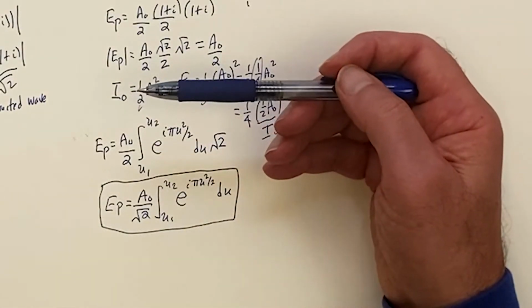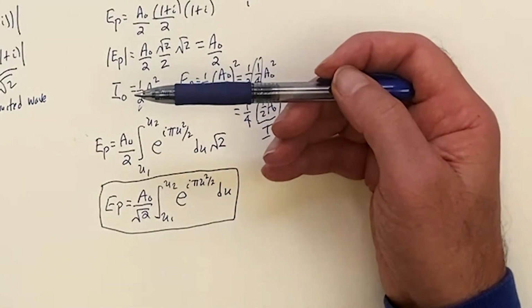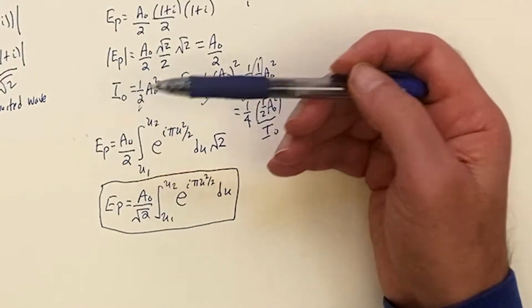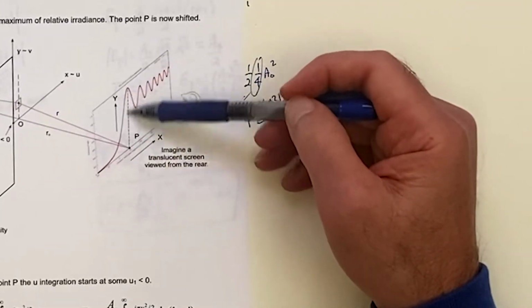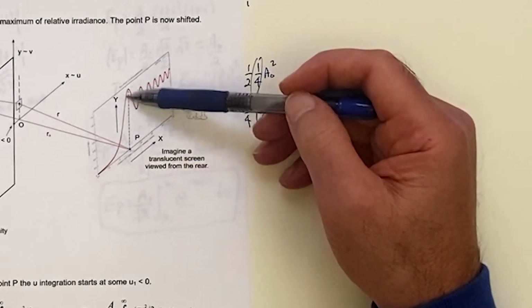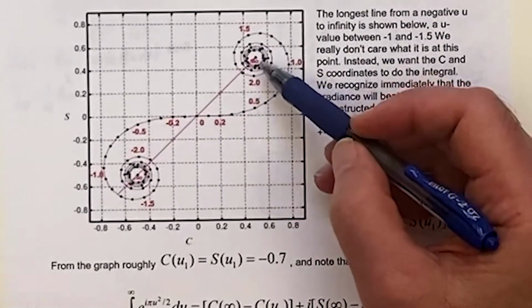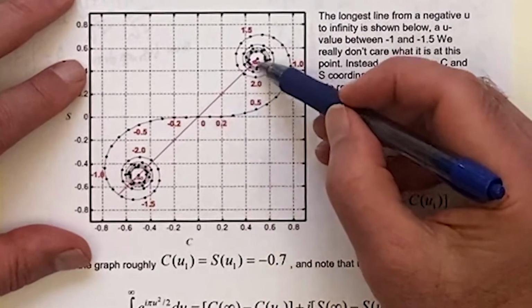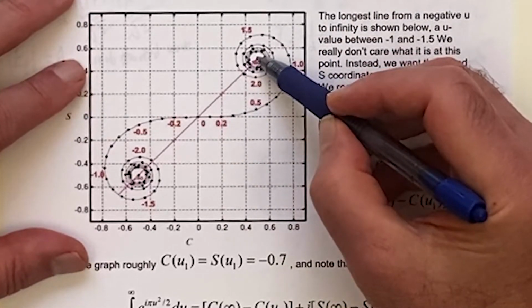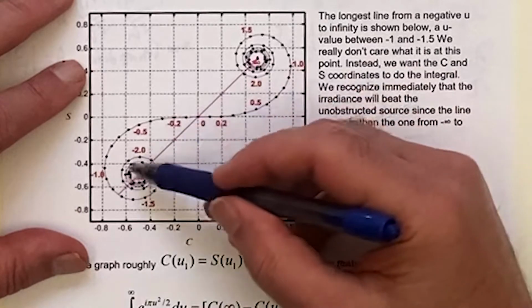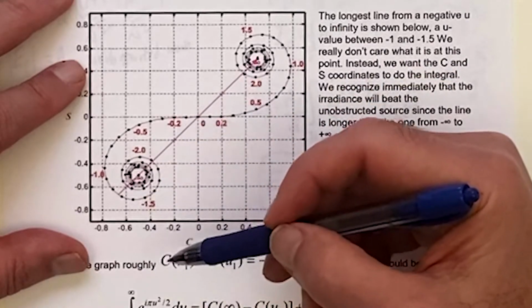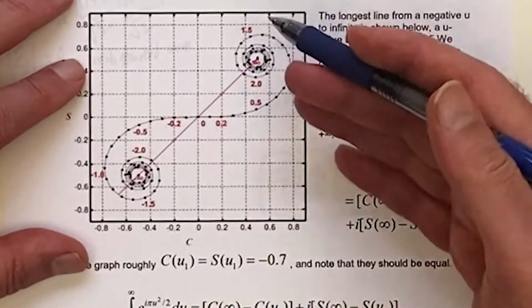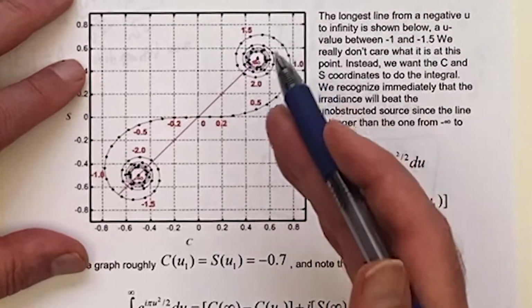Okay, so I want to find out where this maximum is, this first maximum. Here's the Cornu spiral. And I know I want to integrate u to plus infinity. But now I want to integrate starting with some negative value because I'm no longer lined up with the edge.